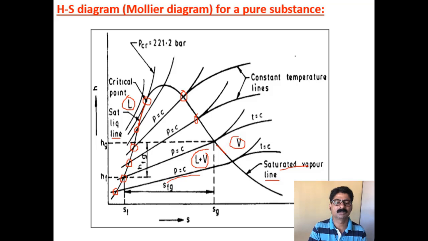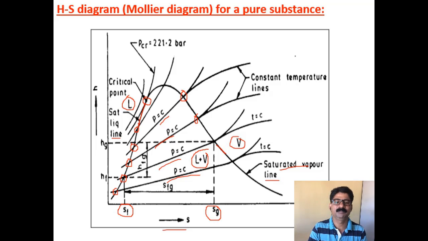So these are the constant pressure lines in the case of the HS diagram. This is the entropy here. This is the entropy of the saturated liquid, and this is the entropy of the saturated vapor.